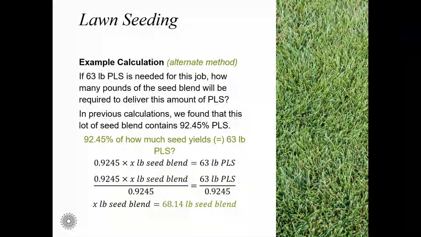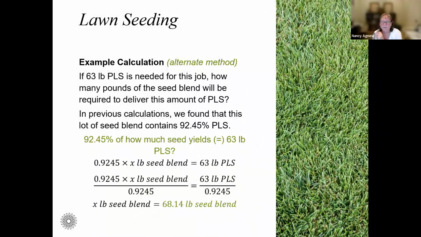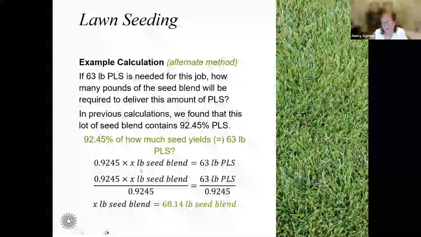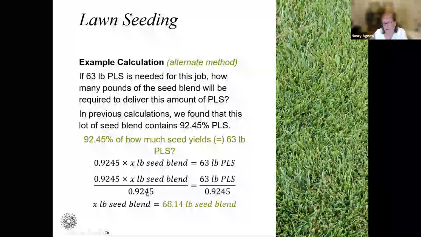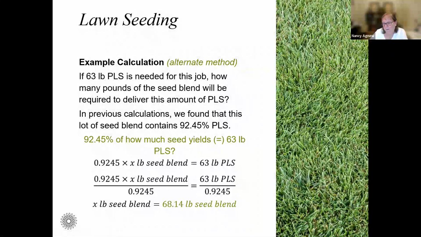There's an alternate method for calculating this if it makes more sense to you. We say 0.9245 times X many pounds of seed blend will produce the 63 pounds. So we need to isolate X, so we divide each side by 0.9245.